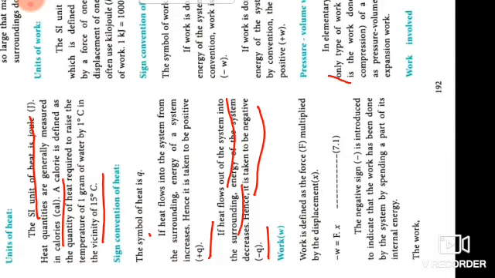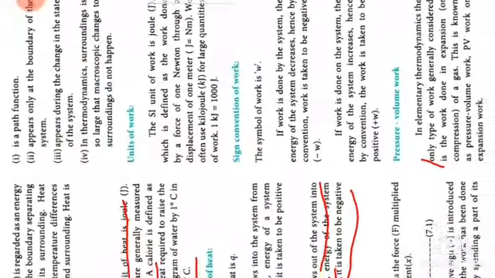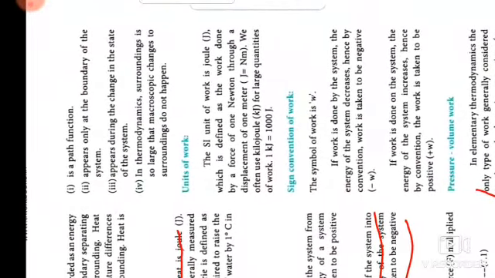Okay, so that is the path function. It is a path function, and what are the characteristics of work? First, it is a path function, and it appears only at the boundary of the system. When we understand that work is done by the system, it appears at the boundary of the system. What does that mean? Now, if I have done work somewhere, how will it be known? When you come back well sweated, it shows. So they have done some work. So it appears only at the boundary of the system, and appears during the change in the state of the system.